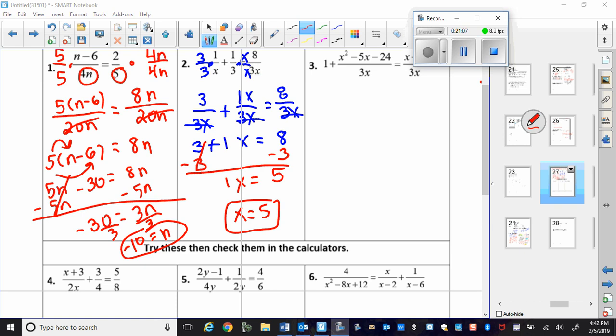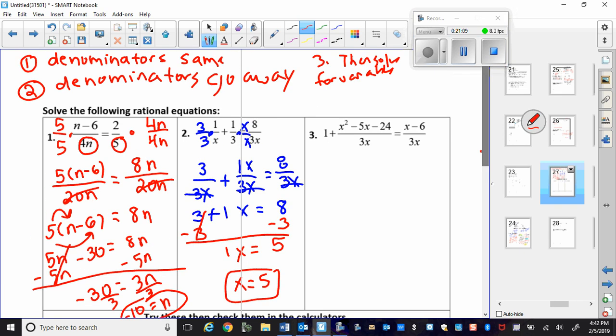So we check our notes really quickly. The goal here, get the denominators to be the same. Once the denominators are the same, they go away. And then you solve for a variable. So here, I want 3x's all the way across. So I'm going to multiply 3x over 3x, right?